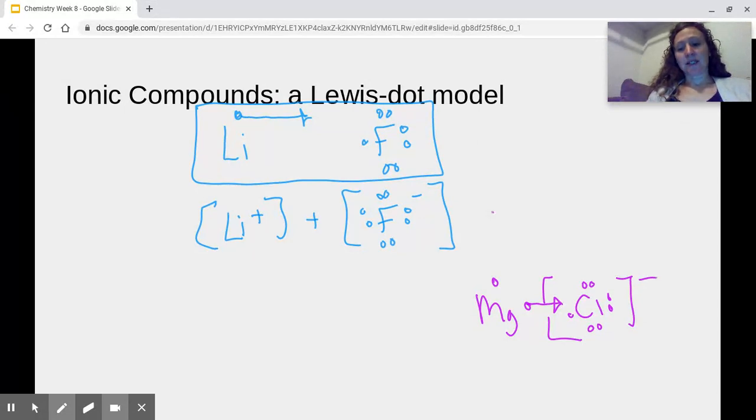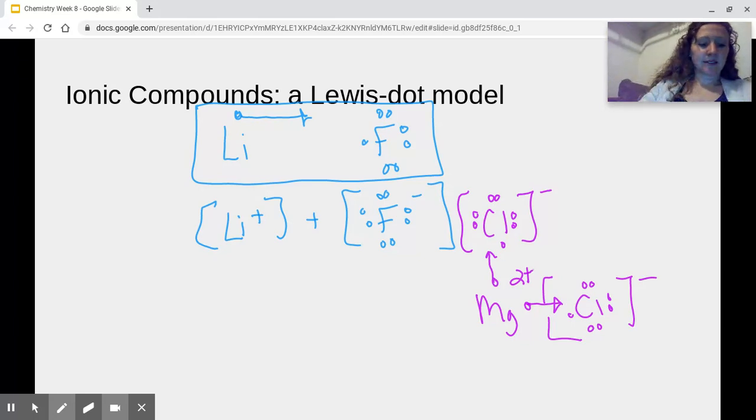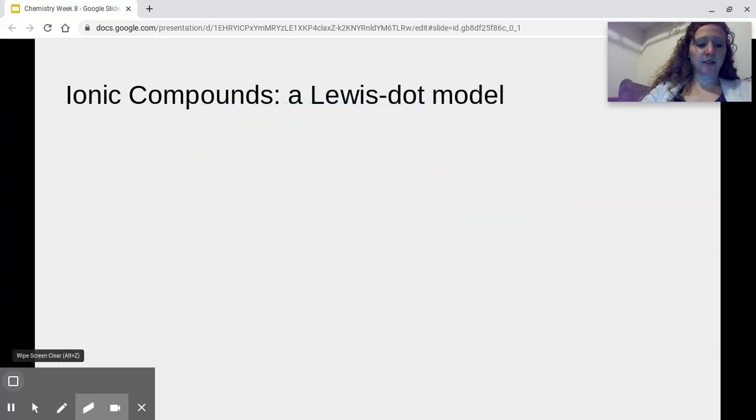So you need a second chlorine present in order to take on that second electron for magnesium. And now the compound comes out neutral, right? So we will do some practice with this.